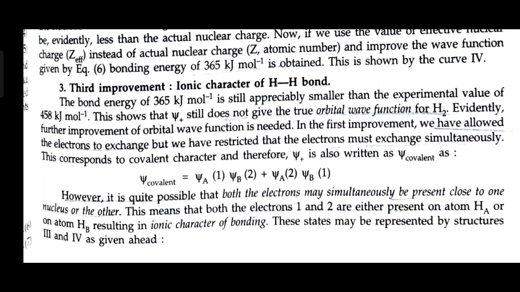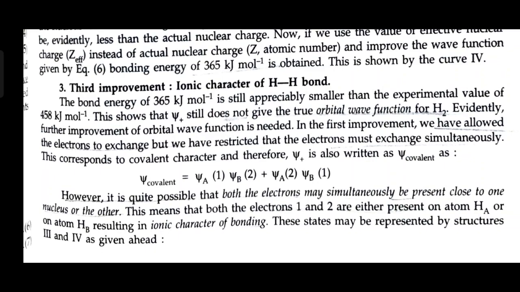Evidently, further improvement of the orbital wave function is needed. In the first improvement, we have allowed the electrons to exchange, but we have restricted that the electrons must exchange simultaneously. This corresponds to the covalent character and therefore psi positive is also written as psi covalent, where psi covalent equals psi A1, psi B2 plus psi A2, psi B1.